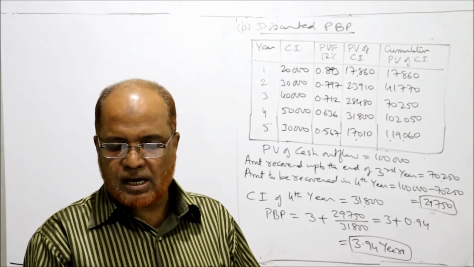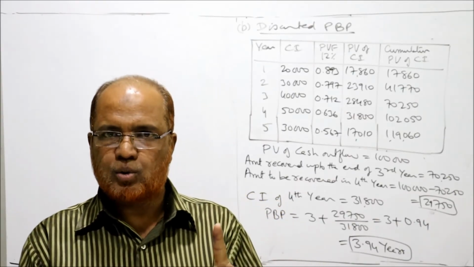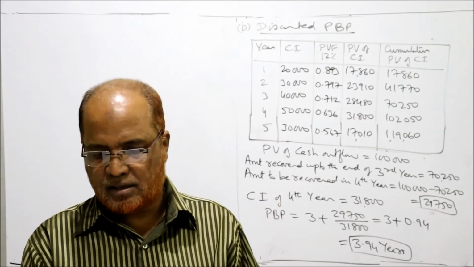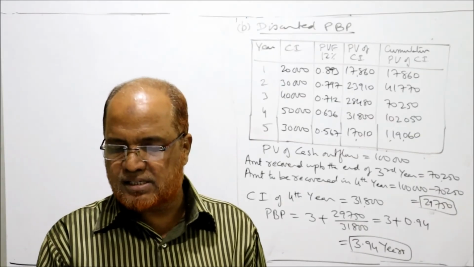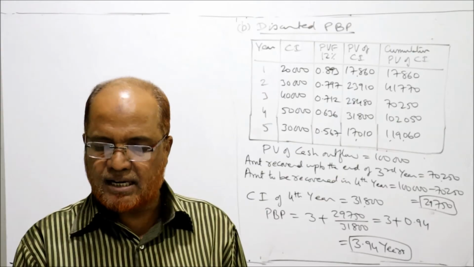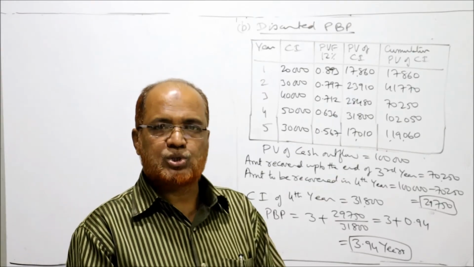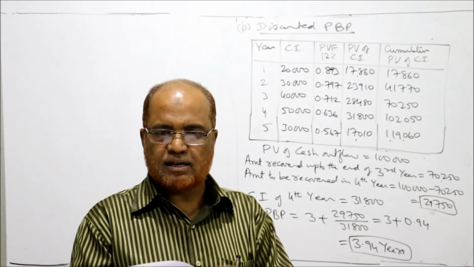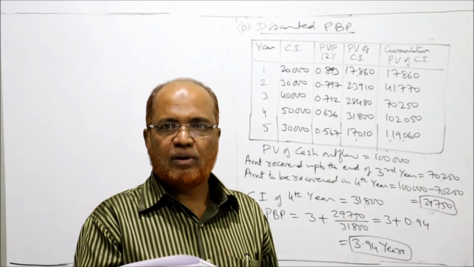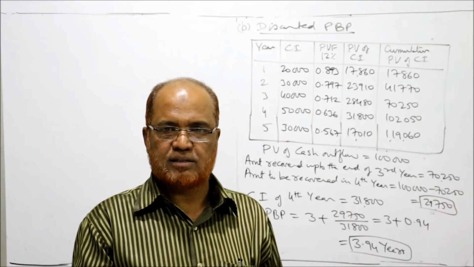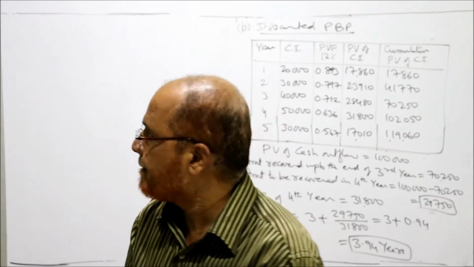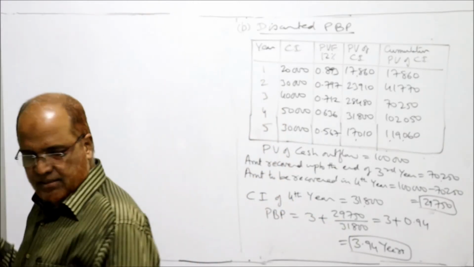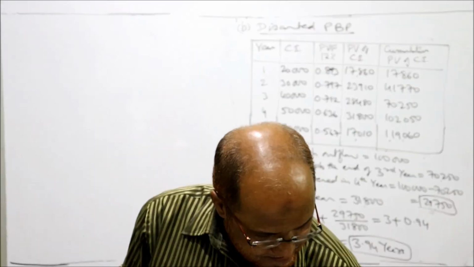Evaluate the project using the IRR method. First question, we have to calculate IRR. Second, if the following certainty equivalents are taken into account, how would you evaluate and interpret the project? First case, you have to calculate the IRR.